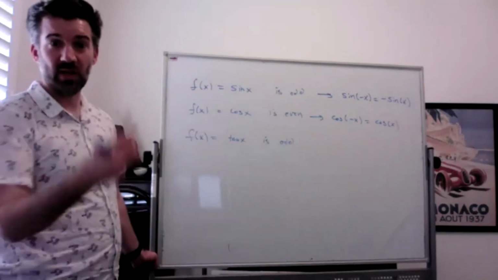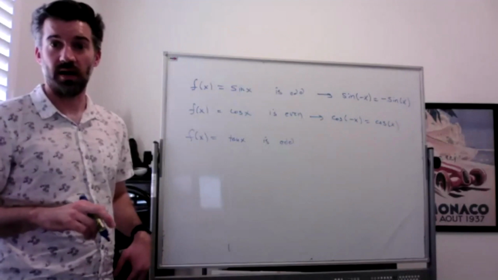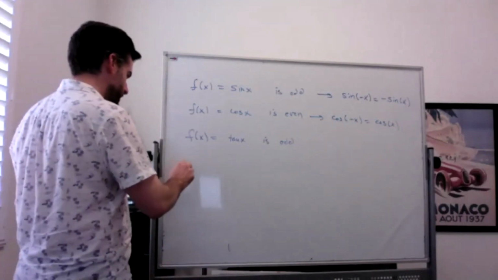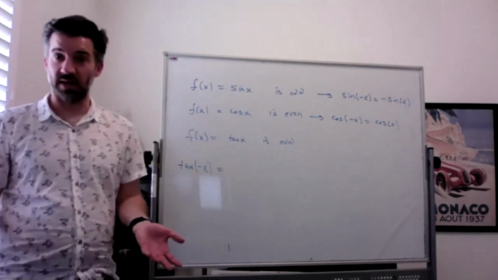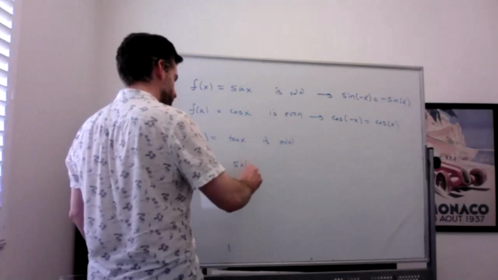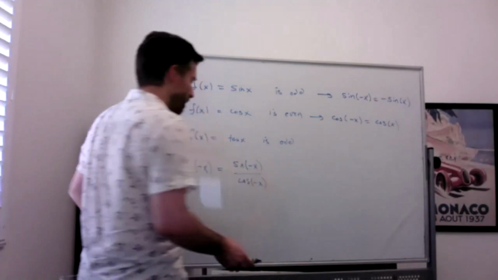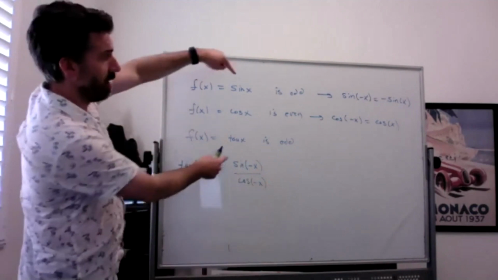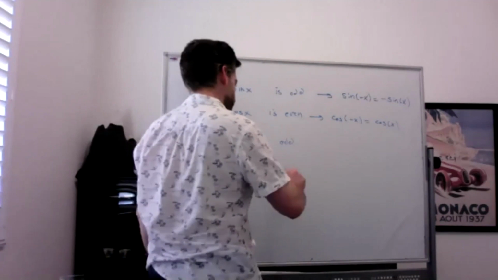And in fact, we can then use those two pieces of information to show that tangent is odd. We can say that tangent of negative x, well, we know that tangent is sine over cosine. So tangent of negative x is really sine of negative x over cosine of negative x. But then sine being odd means that sine of negative x is negative sine of x.